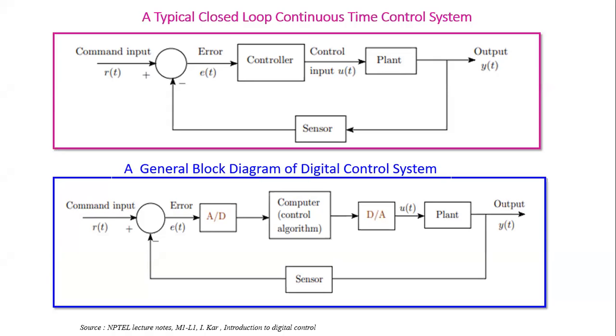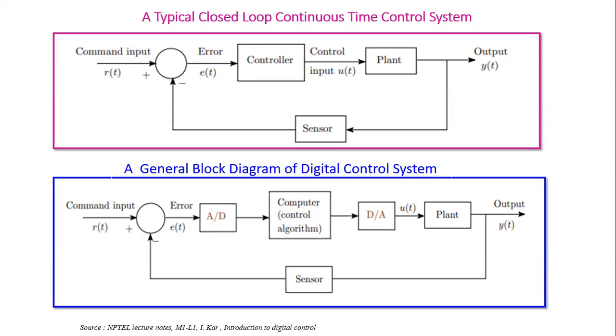So irrespective of what the system is, the moment we say it is continuous, all variables are continuously present, or available at all given times. A typical continuous time control system is shown on the slide, which we kept on doing in all the earlier chapters. And in this particular chapter, our focus will be on a digital control system.